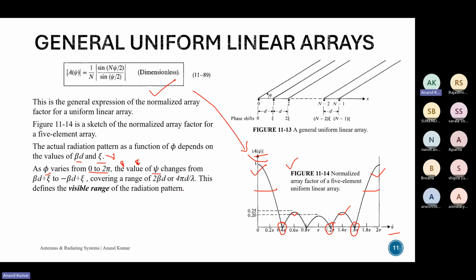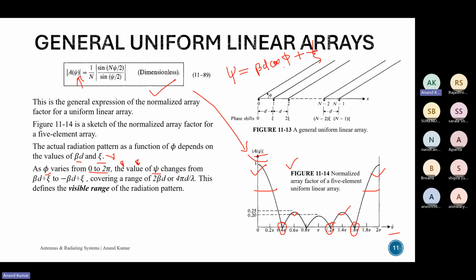So essentially, what we're saying is this argument of the array factor varies. If you remember this expression, psi equals beta d cos phi plus xi.